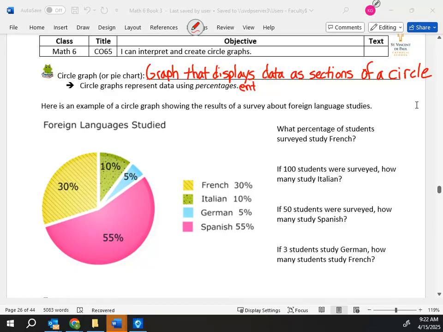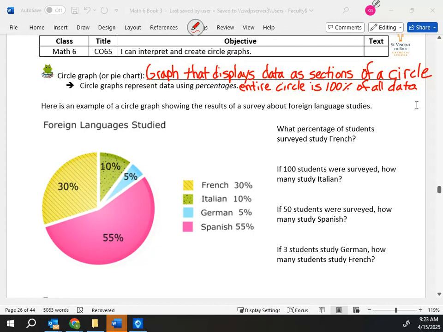The entire circle is 100% of all data. So that whole circle, all the percentages need to equal to 100% because it's broken up evenly. So the circle is 100%.